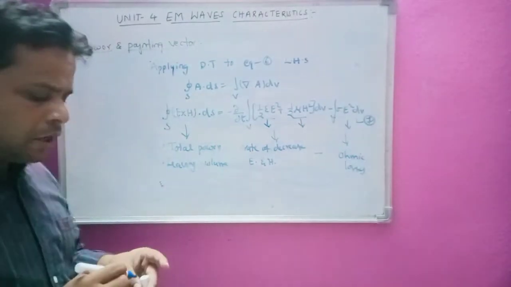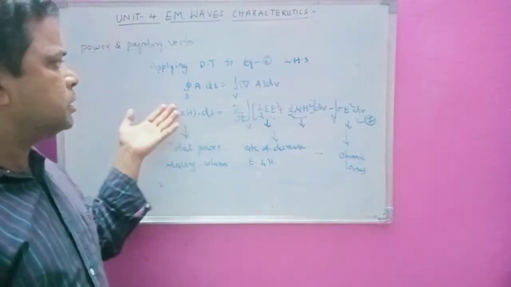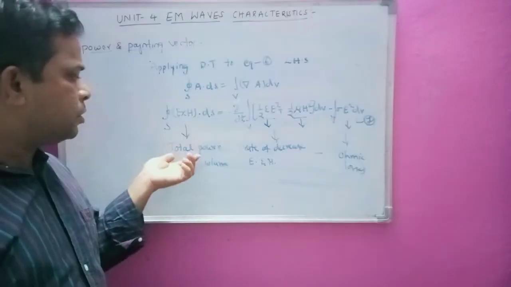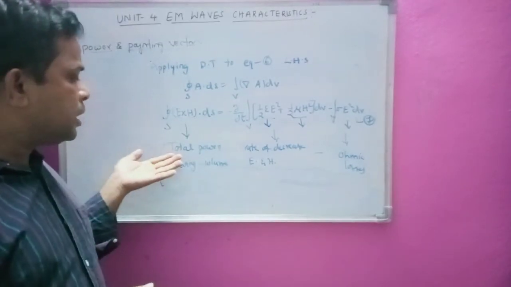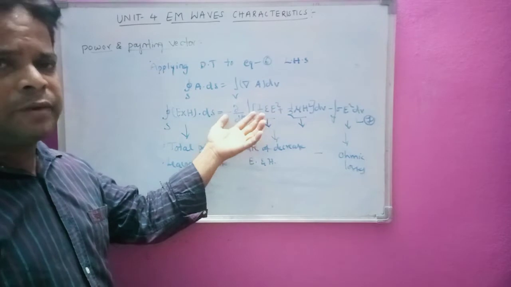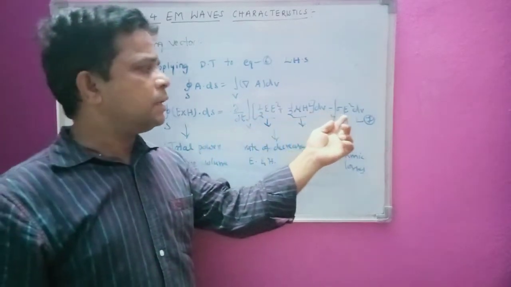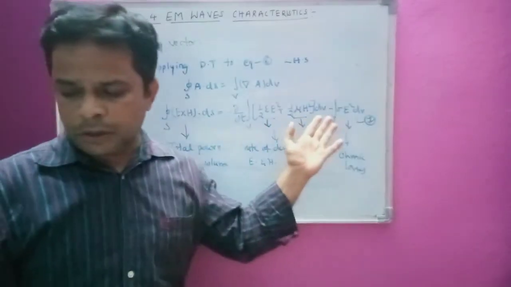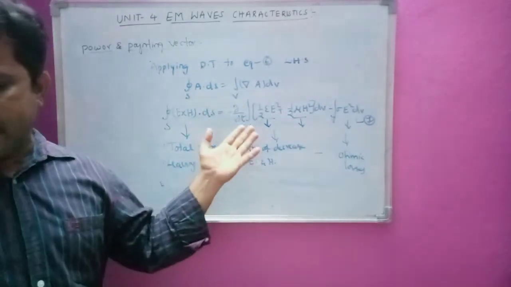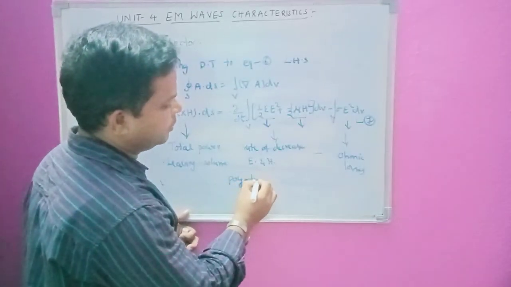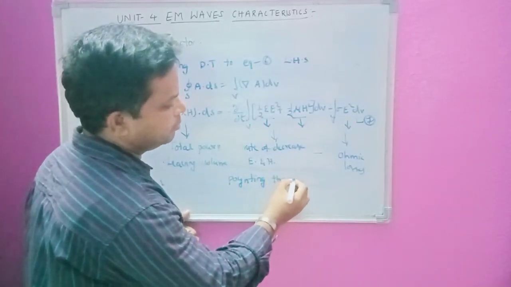As I stated in the starting video lecture of this class, the Poynting theorem states that the net output power flowing from a given volume is equal to the time rate of decrease of energy, that is electric and magnetic energy, minus the ohmic losses. So this equation 7 is referred to as the Poynting theorem. This is a very important equation.